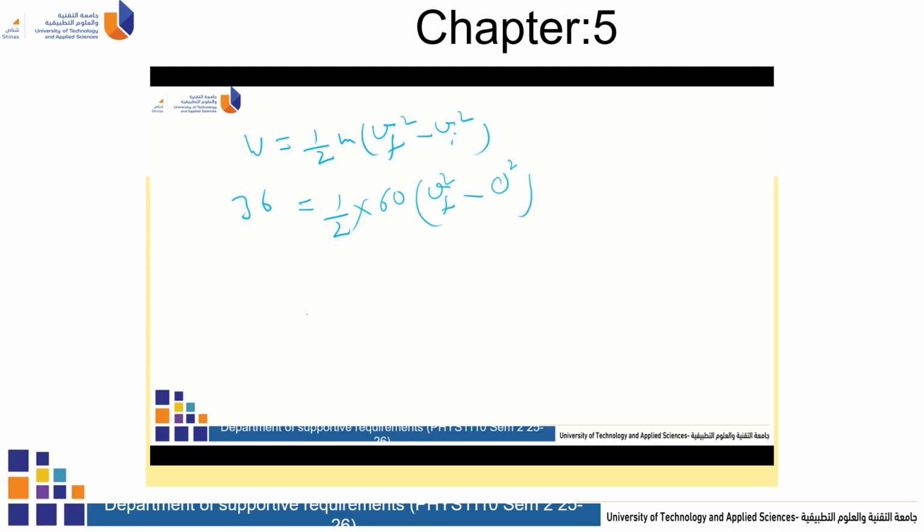Now I will take this to the other side. This will be 36 multiplied by 2, and this 60 will come down, and this is equal to vf square.